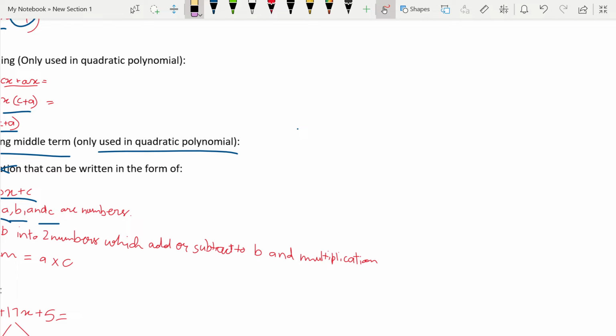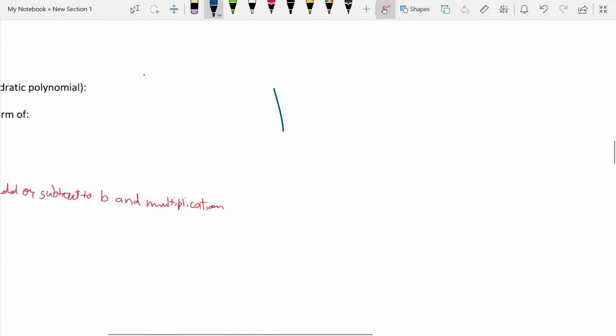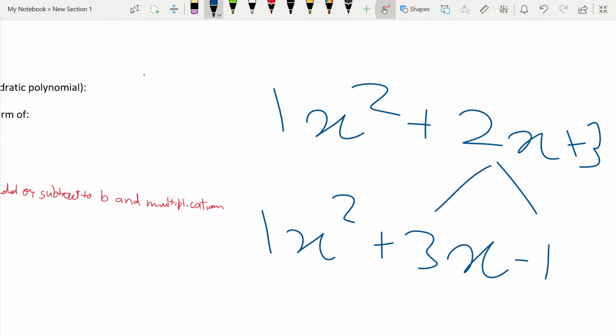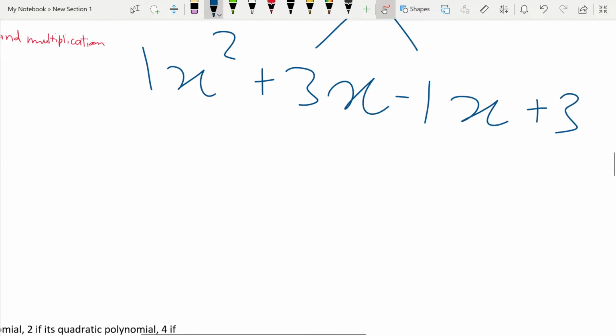Okay? So we had 1x squared plus 2x plus 3, right? So we split this up into 1x squared plus 3x minus 1x plus 3, right? So what's common in these two?